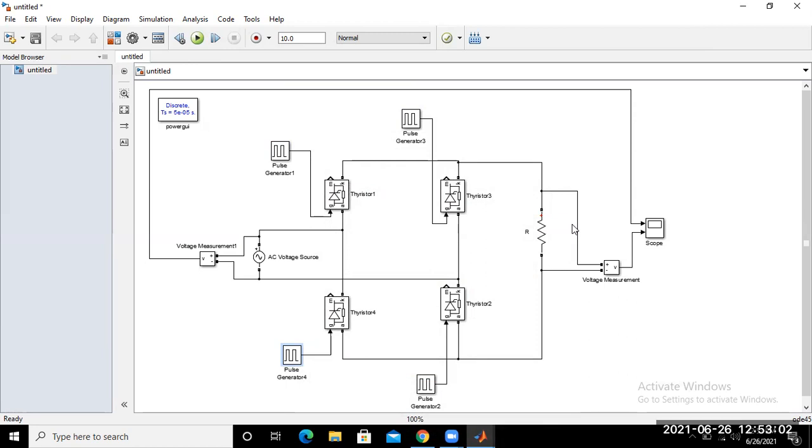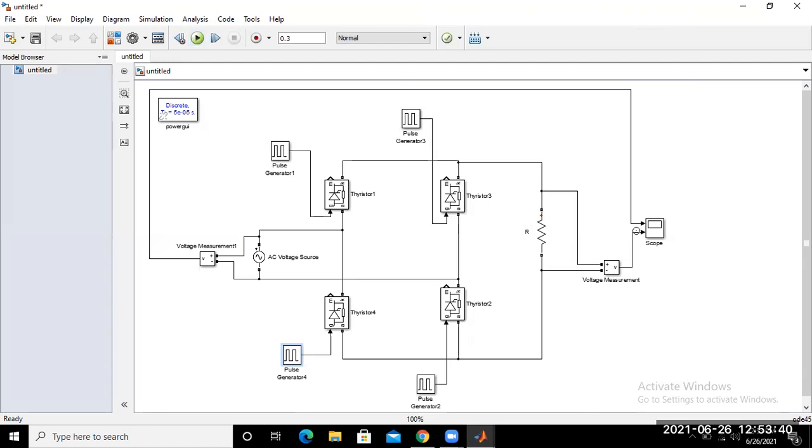No. So just try to run this model. Compiling this model, just wait a few minutes. Yeah, it is completed. Okay.